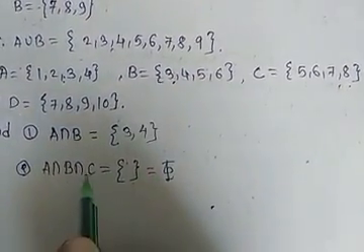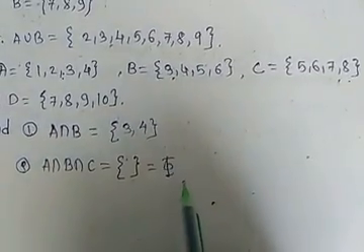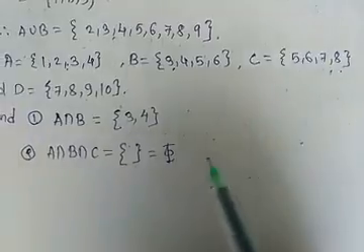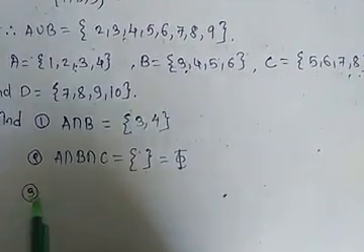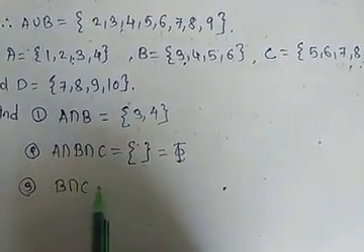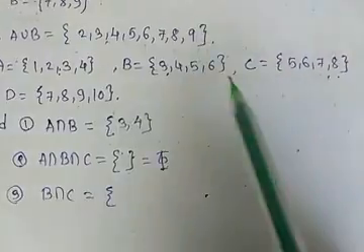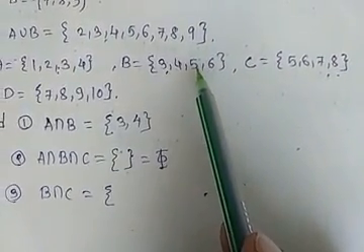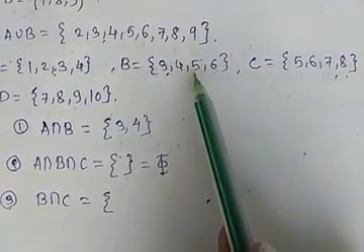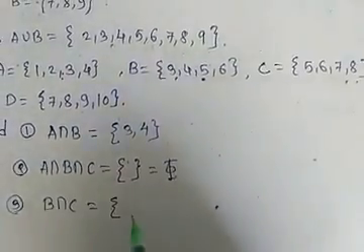So A intersection B intersection C is equal to the empty set. Again, if we consider B intersection C, the common elements between B and C are 5, 6.